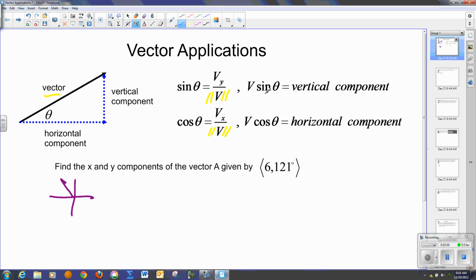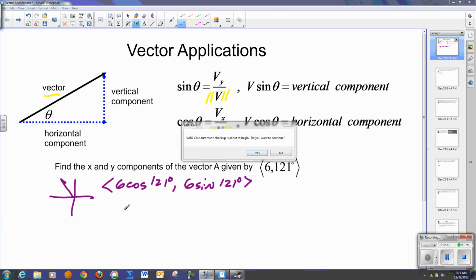So I'm going to use this notation right here and say, all right, well, if I take the vector's magnitude of 6 and multiply by the cosine of 121 degrees, I should get my x component. And then taking 6 and multiplying by the sine of 121 degrees, I should get my y component.